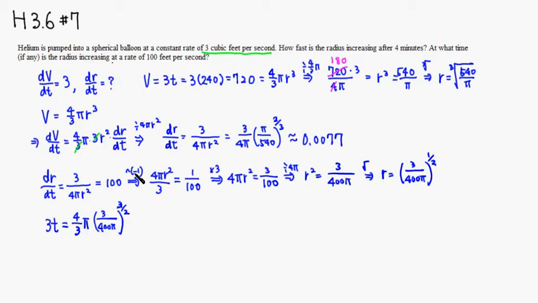We need to find t, because it asks at what time. Divide through by 3, and we get t equal to 4 pi divided by 9, times 3 over 400 pi raised to the 3/2 power. I'm going to go ahead and find that value.